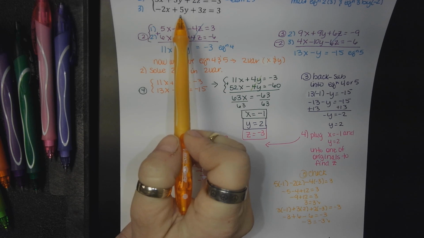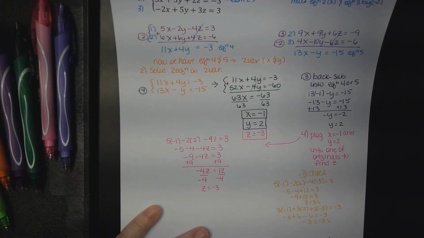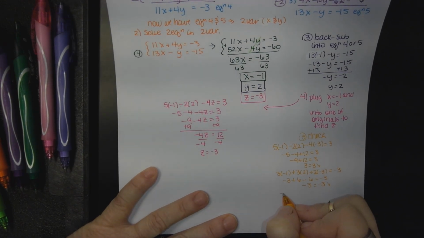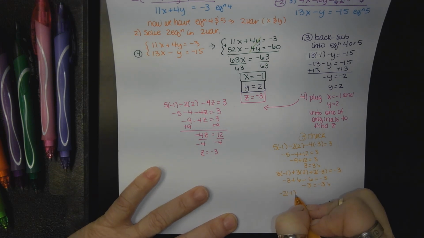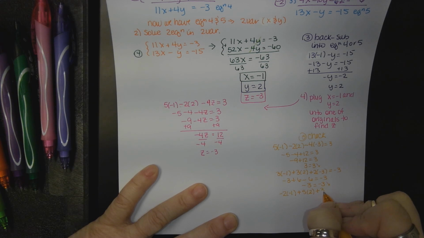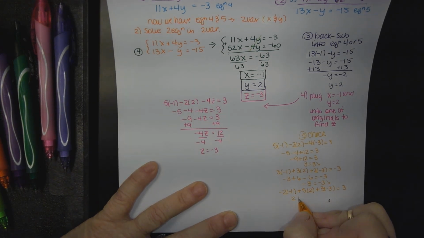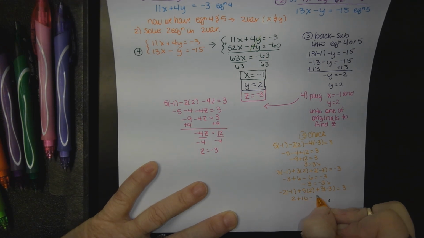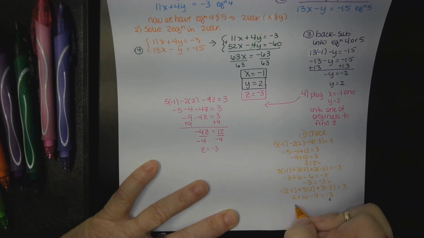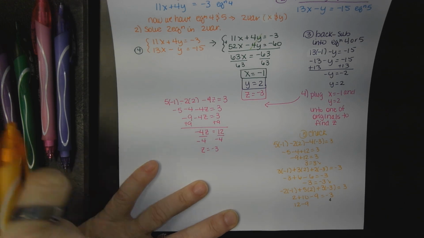So the last one that we have, negative 2x plus 5y minus 3z equals 3. So let's try that. I'm going to have to move it up, so y'all just work with me on that one. So negative 2 times negative 1 plus 5 times 2 plus 3 times negative 3 equals 3. 2 plus 10 minus 9. I have to jump this way. So 12 minus 9. Oh, that's not a negative 3, sorry.